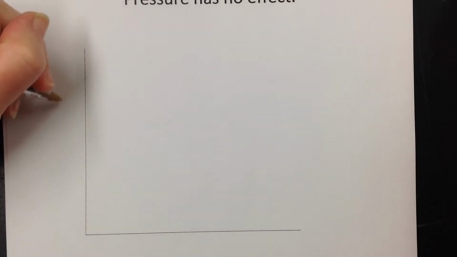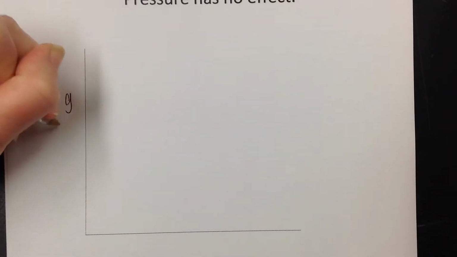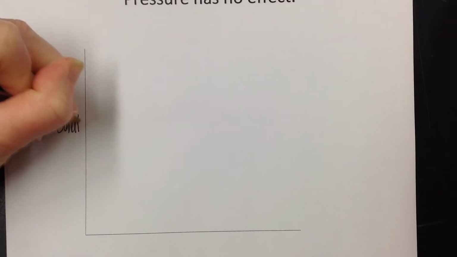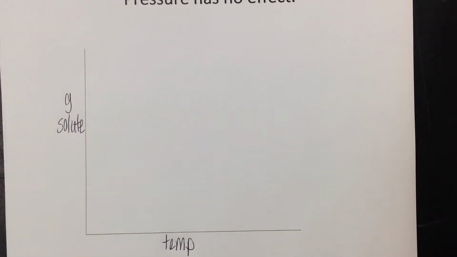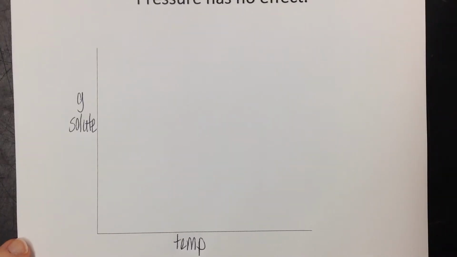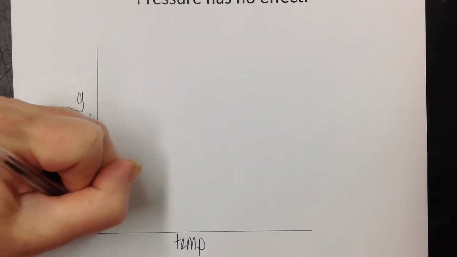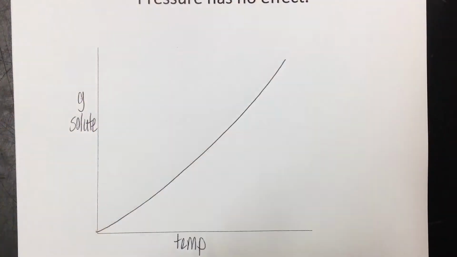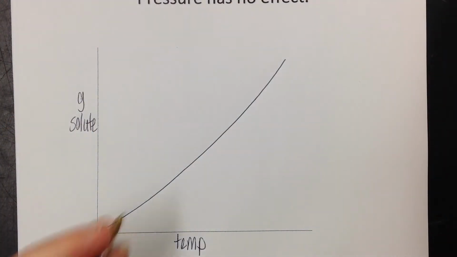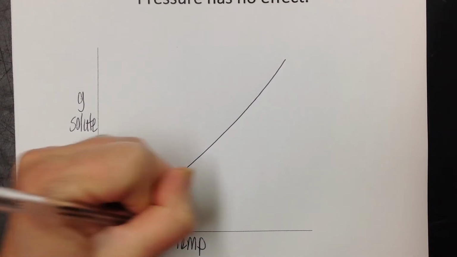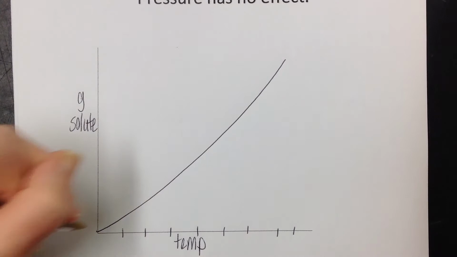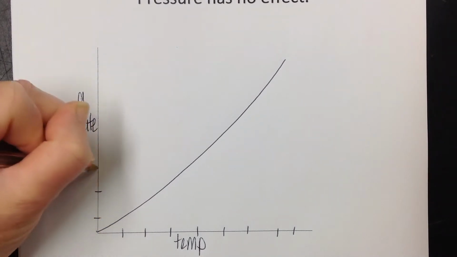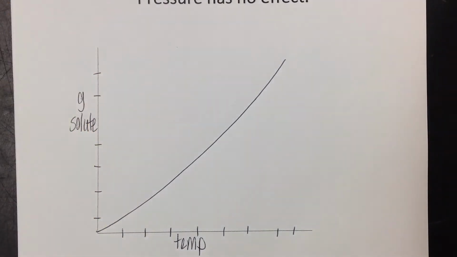So for a solid, we're going to have our grams of solute, and we're going to have our temperature. And for a solid, a general solubility curve is always going to move in this direction, because as temperature goes up, let's say it was going 10, 20, 30, 40, 50, 60, 70, 80, your grams of solute that you can dissolve are also going up.